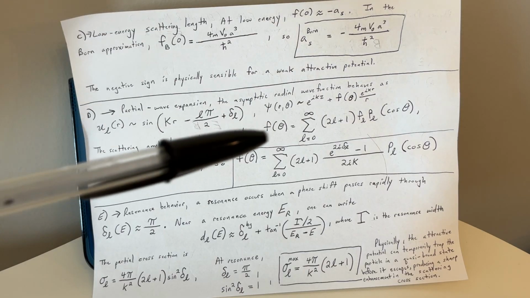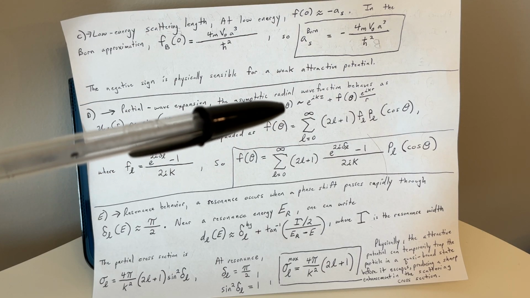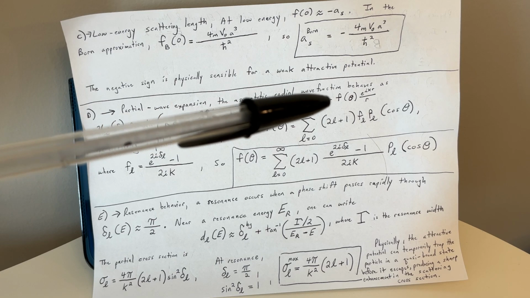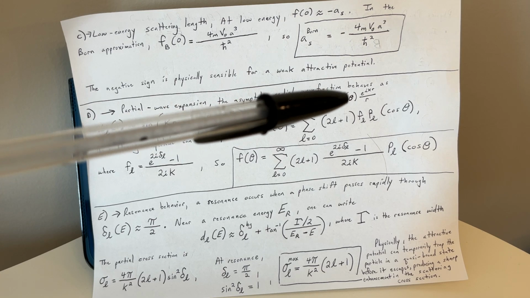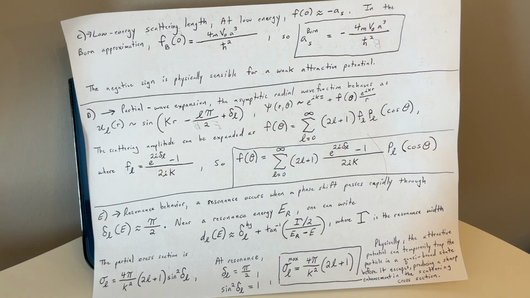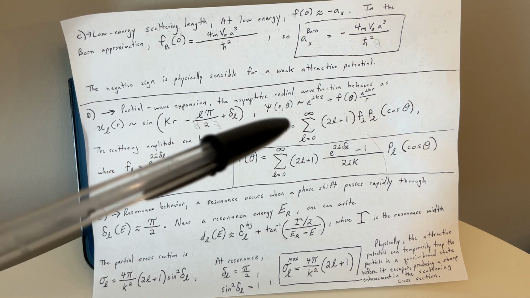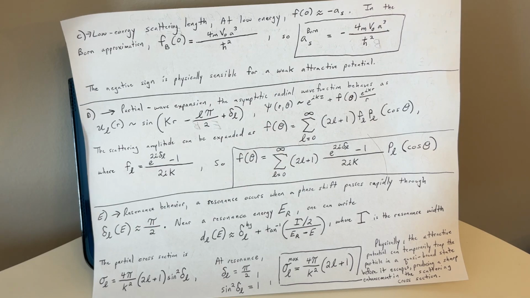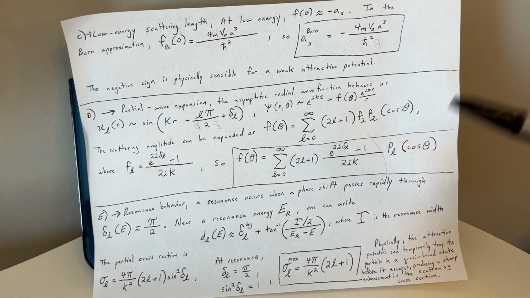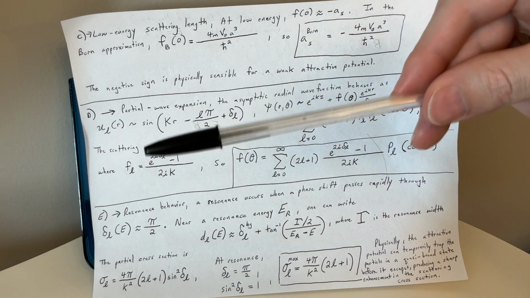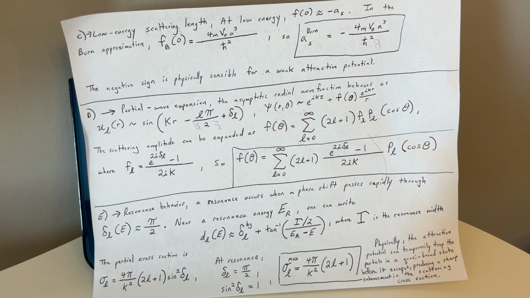And psi of r, theta is similar to e to the ikz plus f of theta e to the ikr over r. The scattering amplitude can be expanded as f of theta equals the sum of L equals 0 to infinity of 2L plus 1 times f sub L, P sub L cosine theta, where f sub L equals e to the 2i delta sub L minus 1 over 2ik.